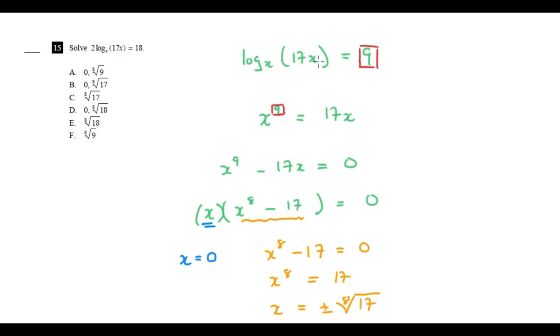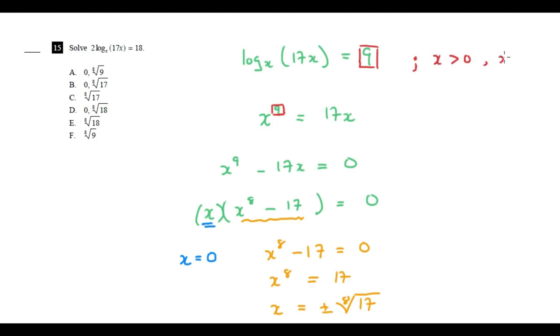and make sure you understand the restrictions that are on your logarithm. Well, our base can't be negative, and it can't be 0, and it can't be 1. 17x can't be 0, and it can't be negative. So I guess the most obvious domain restriction here, with our original equation, is that x must be greater than 0.